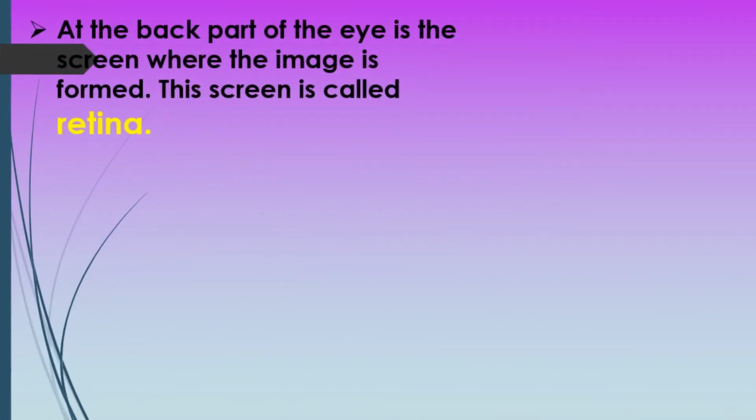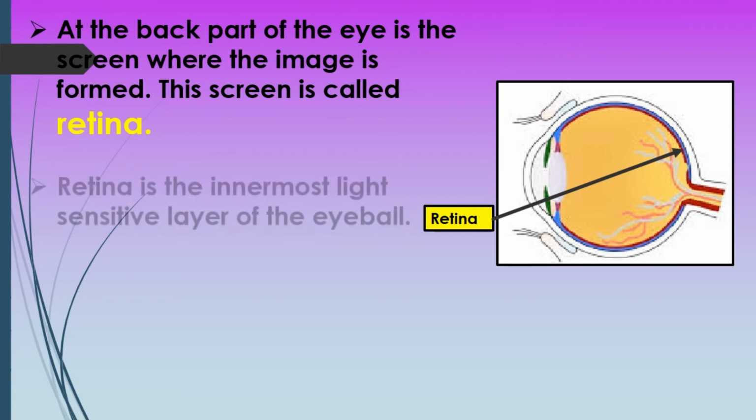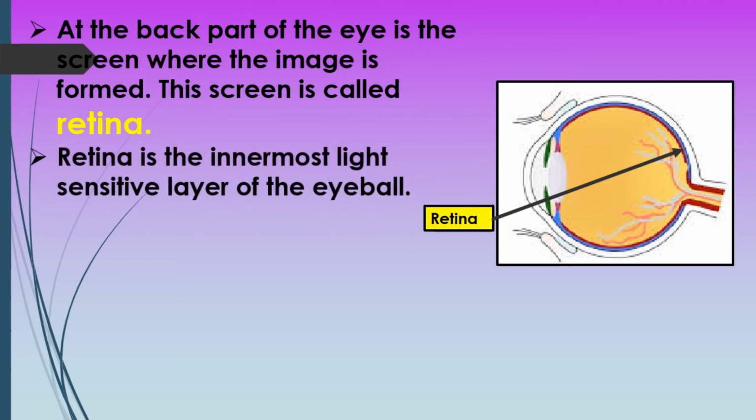At the back part of the eye is the screen where the image is formed. This screen is called retina. Retina is the innermost light-sensitive layer of the eyeball. The retina contains a large number of light-sensitive cells.